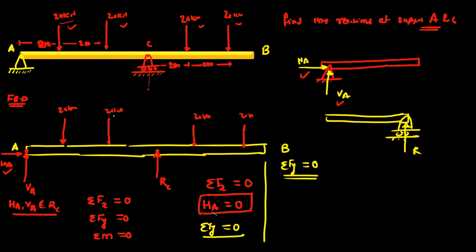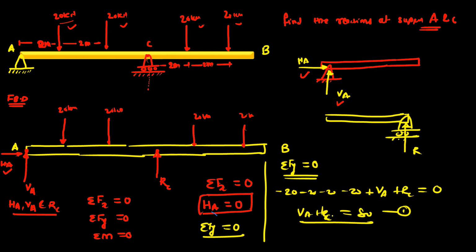So we have 20, 20, 20 and 20, all in negative direction. So minus 20, minus 20, minus 20, and one force Va in the positive direction. So plus Va and plus Rc, and this is equal to 0. From this you will get the equation Va plus Rc equal to 80. You can take this as equation 1.